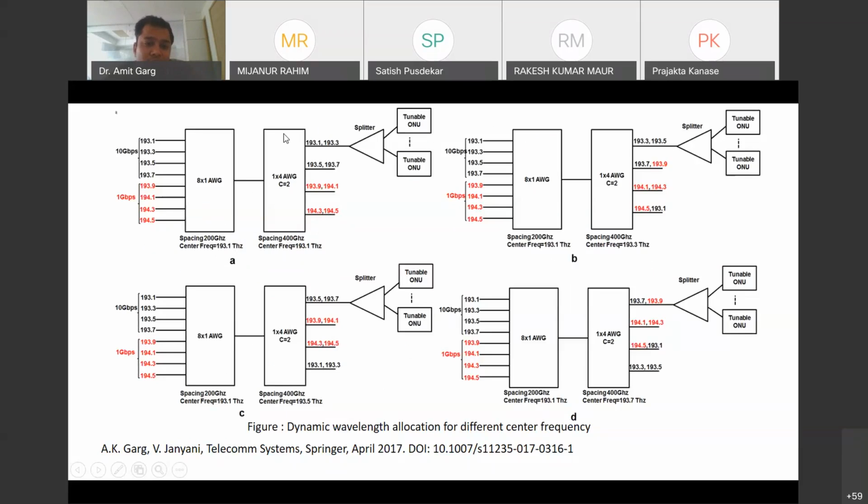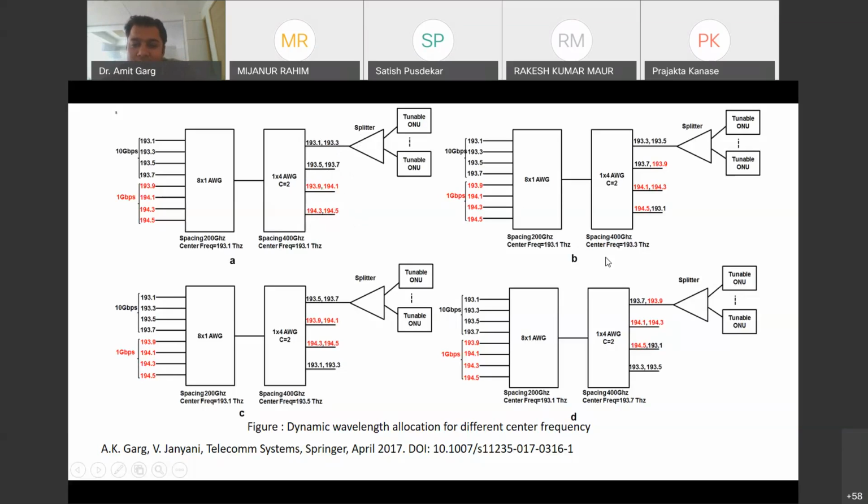Two continuous wavelengths will transmit at port 1 first, then next two, then next two, then next two. Okay, so we will have 193.1, 193.3, then 193.5, 193.7, something like this. So now in this case, ODN1 and ODN2 are receiving the services up to 20 Gbps, while these two are receiving the services at 2 Gbps.